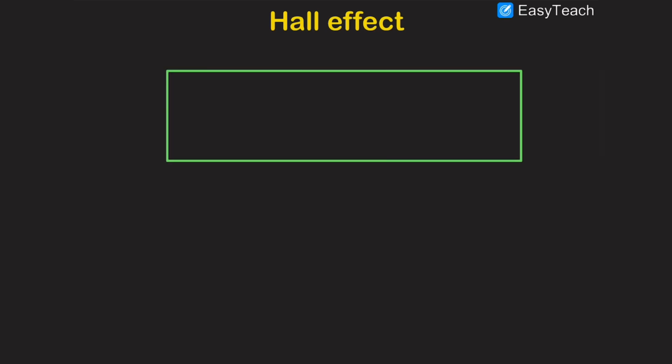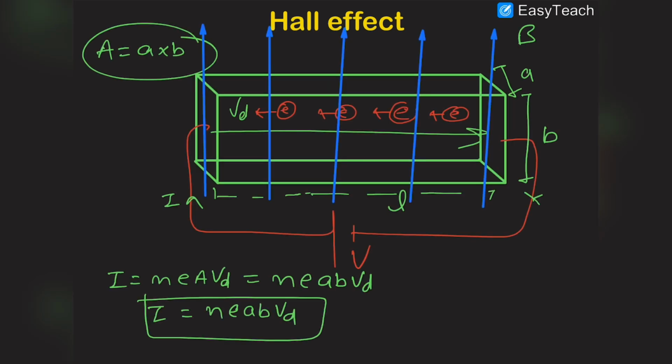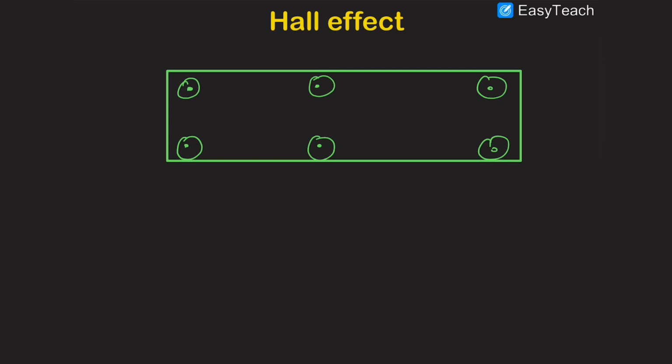Now if we draw the top view of this conductor, the magnetic field will be in the dot sense, which means that it will be coming out of the paper, and the current will be flowing from this end to this end. This is the direction of flow of current.